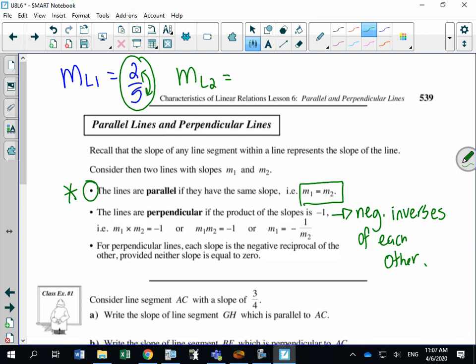So the inverse of 2/5 is 5/2. And then remember, with perpendicular, one slope is always positive, one slope is always negative. So if this was positive, this guy would have to be negative. And these are what we call negative inverses of each other. Okay, let me give you another example.